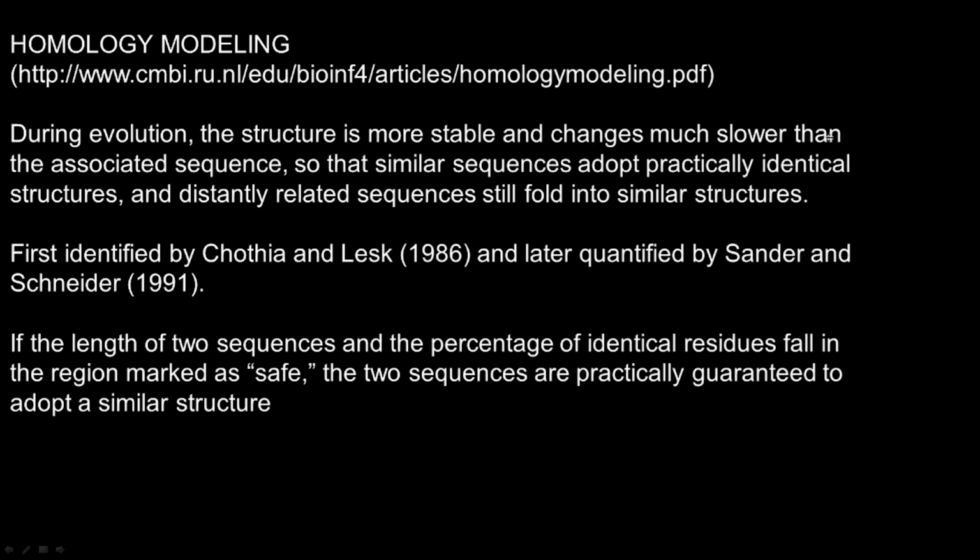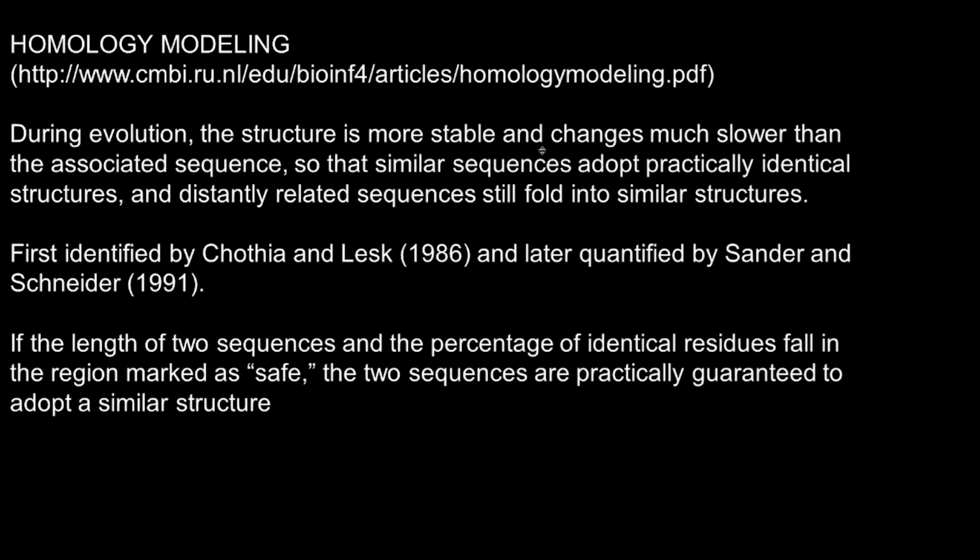During evolution, the structure is more stable and changes much slower than the associated sequences. So the structure remains almost the same even if there are small changes in the sequences. That's the finding from evolution. Similar sequences adopt practically identical structures, and distantly related sequences still fold into similar structures.